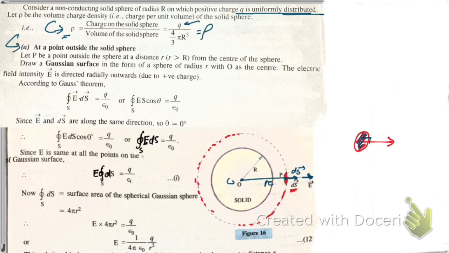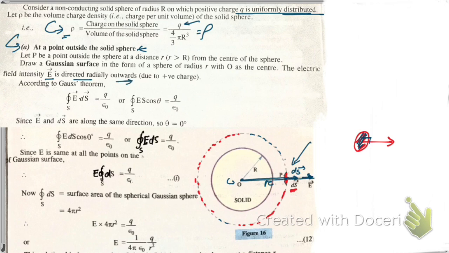So at a point outside the solid sphere, that means we are talking about the point which is lying outside the sphere. We have drawn a Gaussian surface. This dotted line represents the Gaussian surface of radius r. Now you see the electric field is directed radially outward.